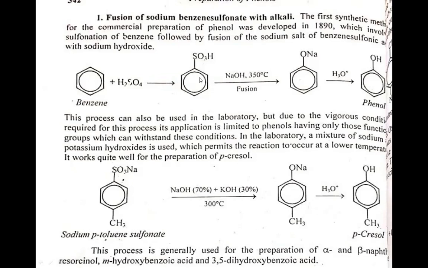Benzene sulfonic acid is first converted into sodium salt of benzene sulfonic acid, that is, this hydrogen is replaced by sodium ion, and this sodium benzene sulfonate is then fused with sodium hydroxide again, and this is converted into sodium salt of phenol.